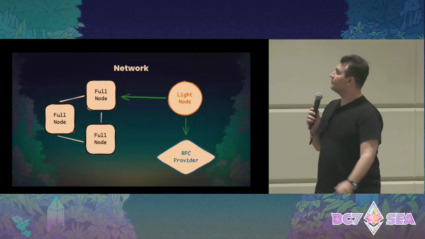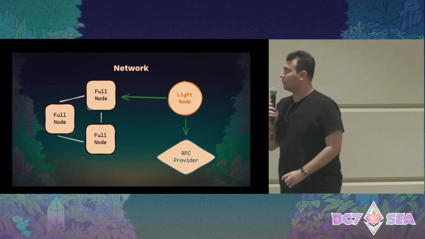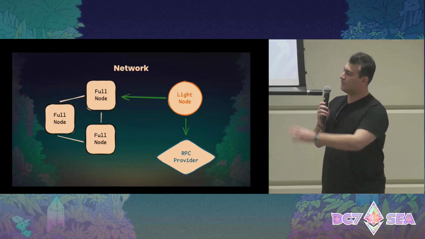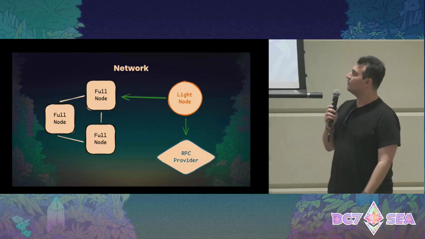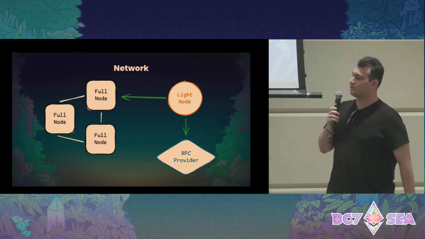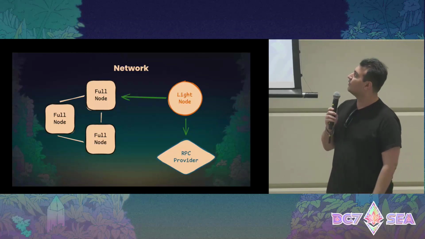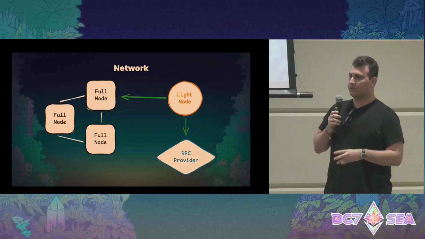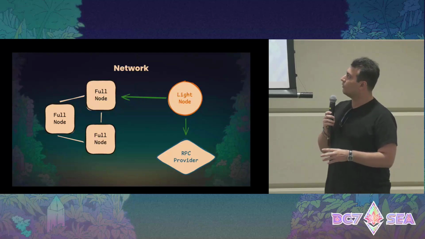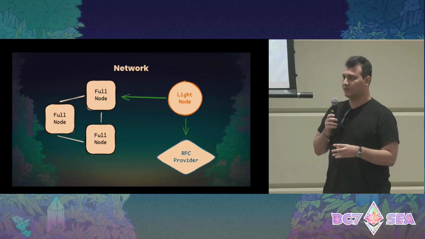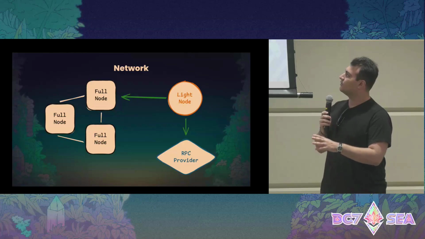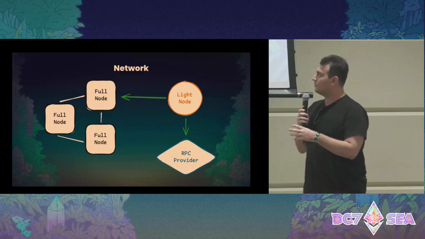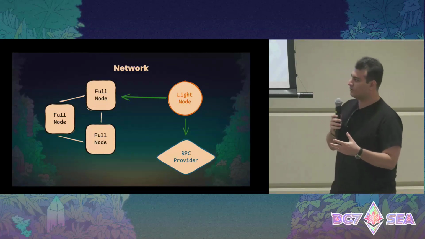How the network works right now is that we have this beacon network, where full nodes connect and talk to each other. And we have a light node on the side, which asks one of the full nodes for these updates over and over again to stay synced. Then we have an RPC provider that we might not trust.